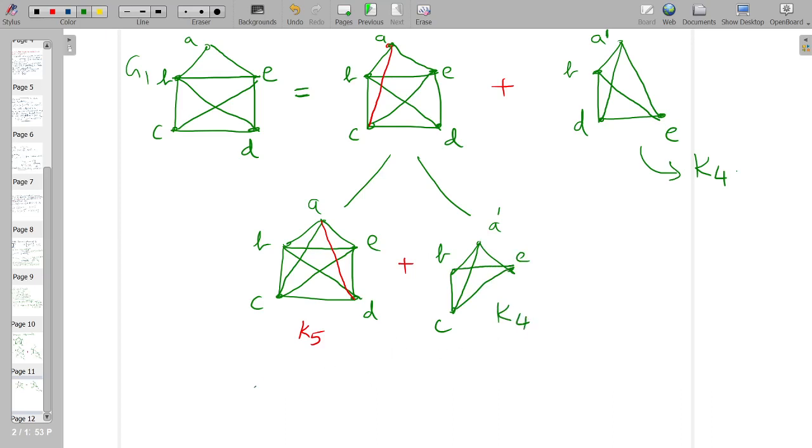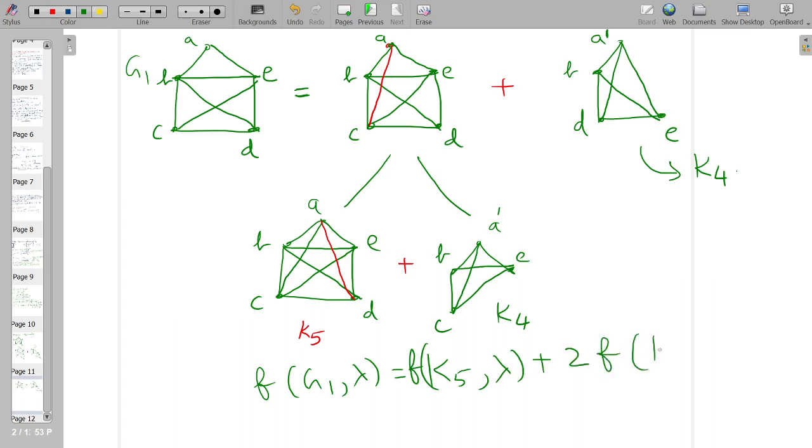So f of G1 comma lambda is nothing but f of K5 comma lambda plus 2 times f of K4 comma lambda.